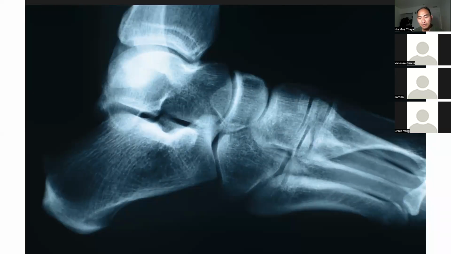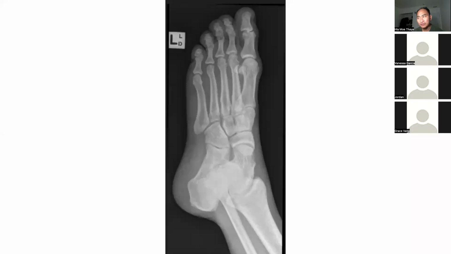So now I will show you the other view. Again, on this view of the X-ray, we can see the metatarsals here. We can see the navicular here. We can see some cuneiform bones here. And this is the cuboid. And this is the calcaneus.